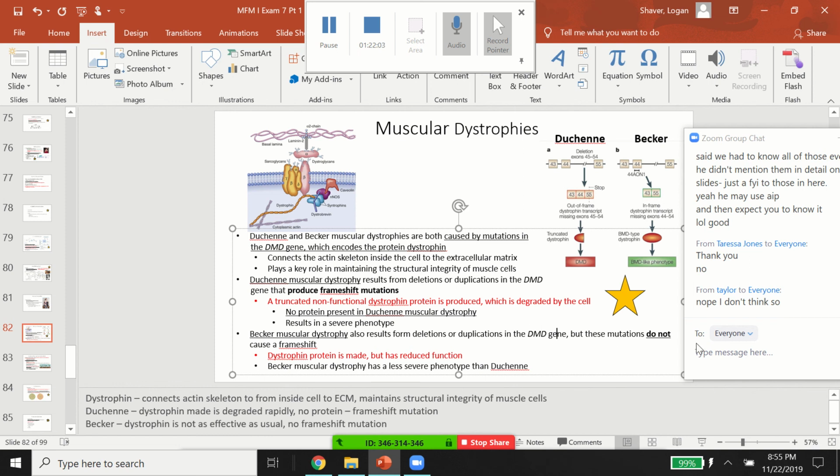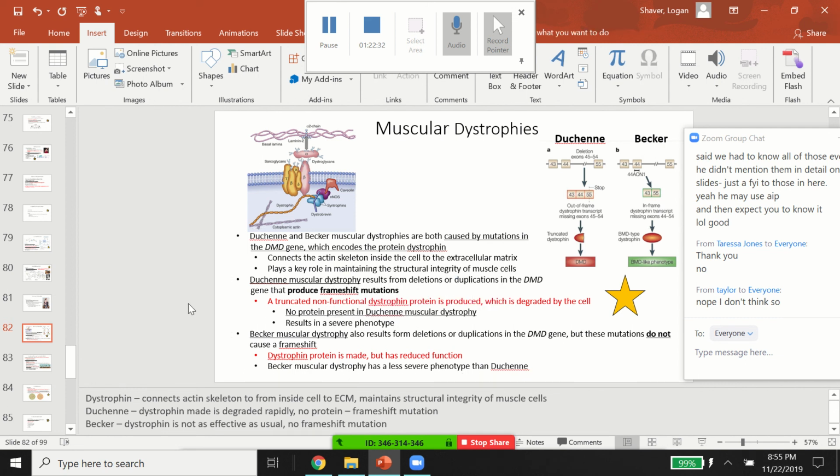Becker is not caused by a frame shift, but instead by a deletion or something like that. Since the frame shift happens in Duchenne, you basically have a truncated, non-functional dystrophin protein. So you're not making any dystrophin that works whatsoever. Therefore it's automatically degraded, and you have no dystrophin protein, and a much more severe phenotype.